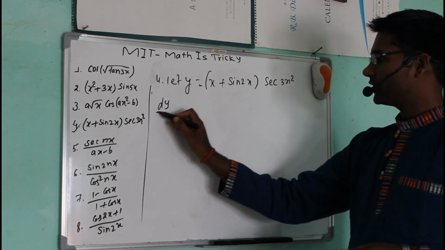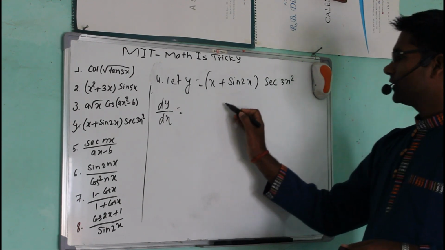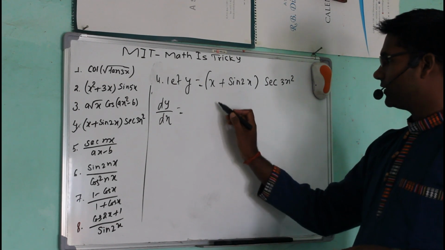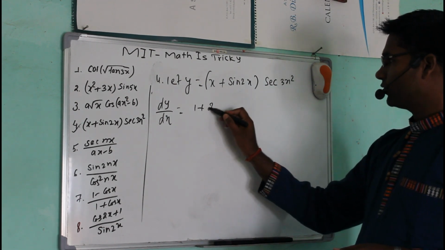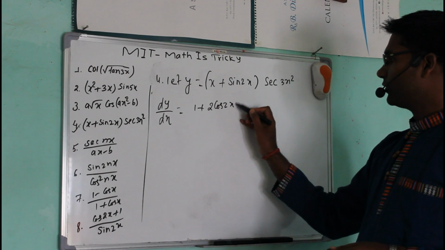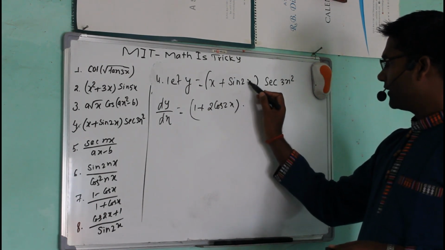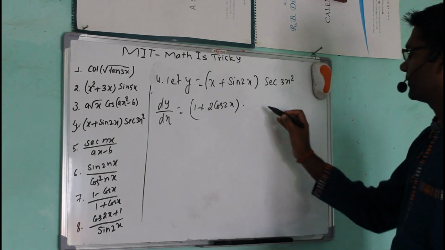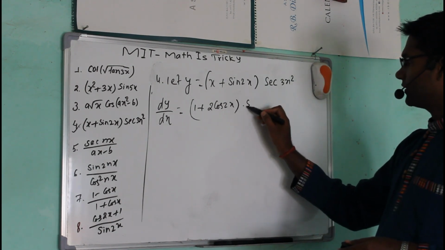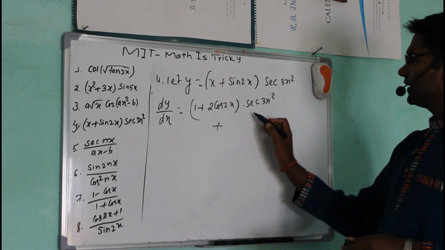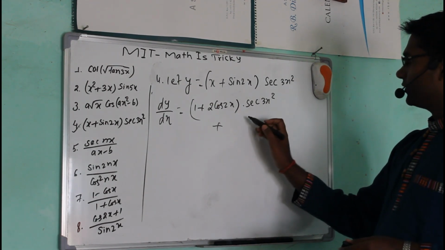By product rule, dy by dx: derivative of first is 1 plus 2 cos 2x, because derivative of sine is cos, and for this 2x we are writing 2. Derivative of first into second, 3x square, then plus derivative of second into first.